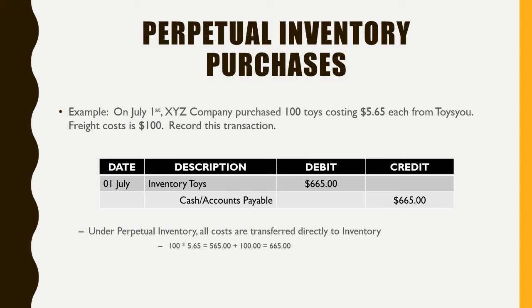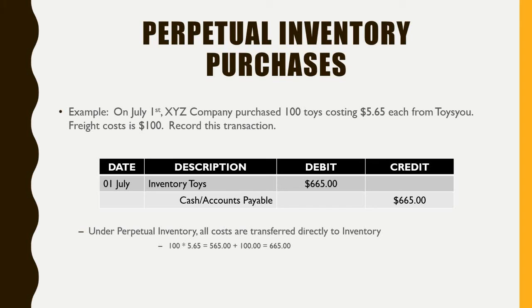In periodic, we must recognize purchase expense and freight expense. In perpetual, we only recognize the inventory account. Thank you. Okay? And because we don't need to distinguish all those extra costs, everything just goes straight into inventory. We only need to recognize that one account and that one account only.